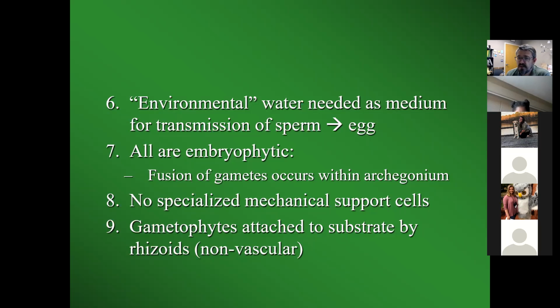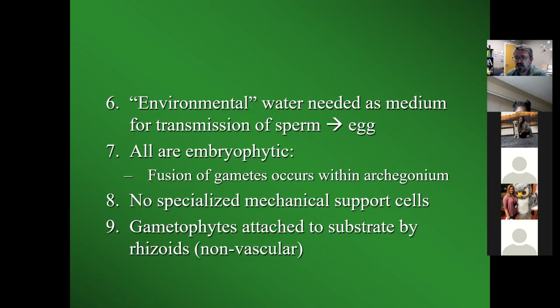They're all embryophytic, so they have the gametes coming together within the archegonium, and for at least a while, some development, and most a long while, development of that new sporophyte generation within the parent plant, the gametophyte plant.